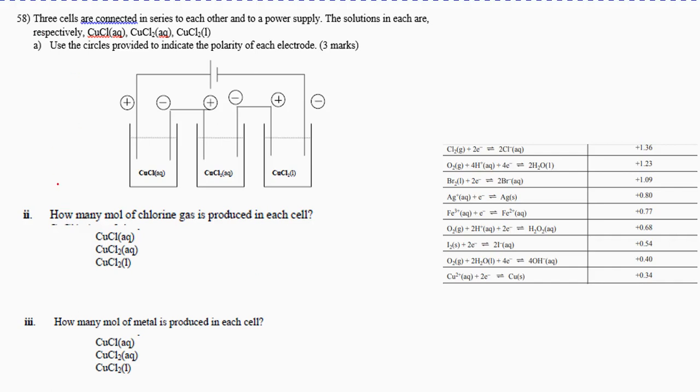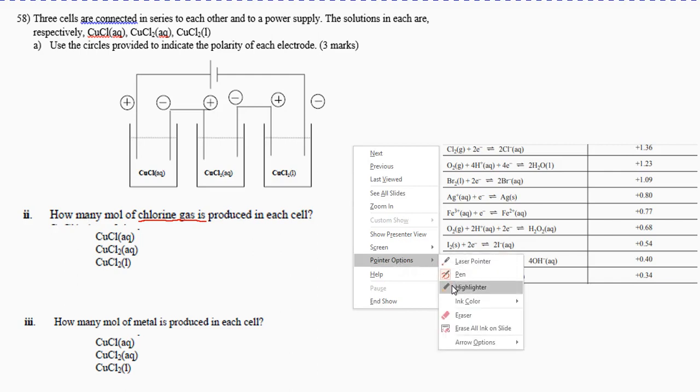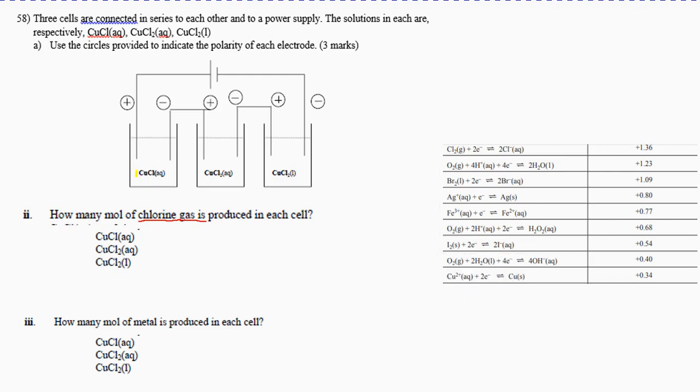Part 2. We've got how many moles of chlorine gas is produced in each cell. So you may have noticed when you were looking at the cells that all 3 are slightly different. So we have got copper 1 chloride, okay, and that's aqueous. We have got copper 2 chloride, so we can see the little 2 denoted for the chloride.